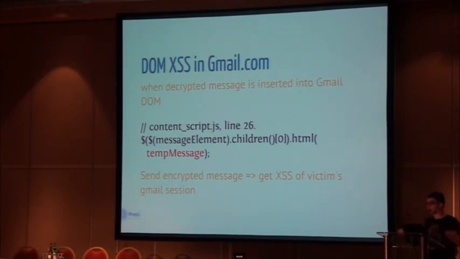So Google, as a company and as a webmail filter, has no possibility to filter out the malicious HTML because it only has access to the encrypted content. So this was the first vulnerability. I could get access to your inbox when I send you an encrypted message and you decrypt it.